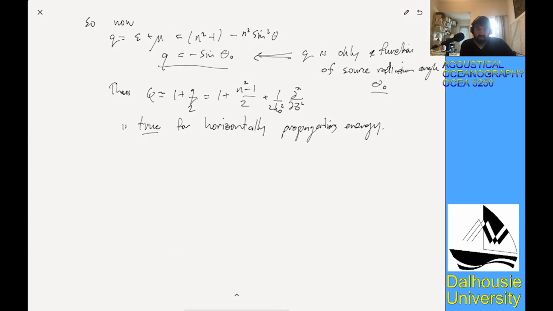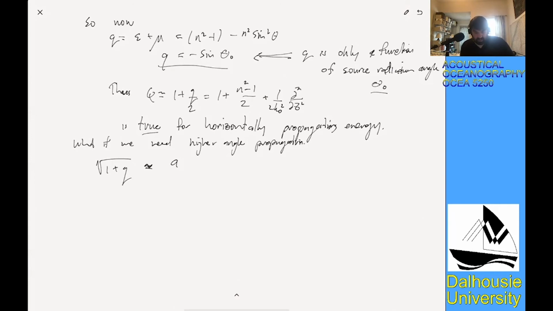So how can we improve? So I'm going to say higher angle propagation. What if we need to resolve things that propagate at higher angles, not just horizontal stuff? Well, there's another approximation of a square root like this.